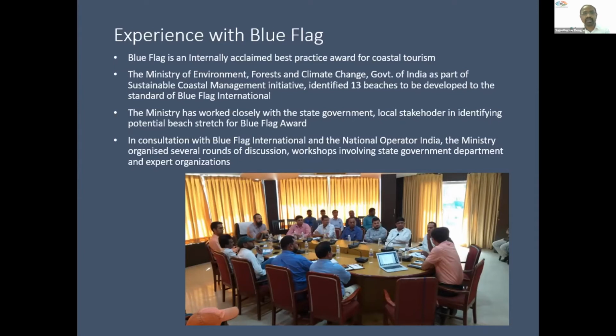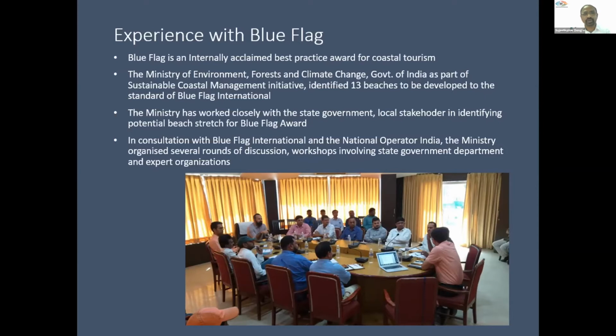The Government of India has initiated a large program called the Sustainable Coastal Management Initiative, wherein the government is looking at implementing various programs which take us towards conservation goals, and at the same time help the community increase its livelihood avenues.